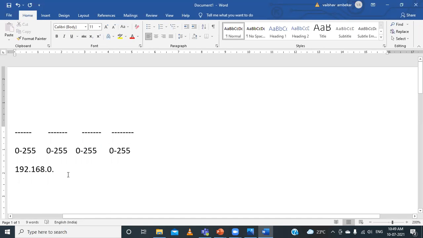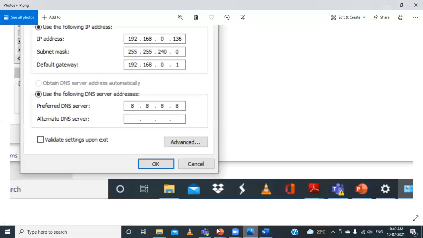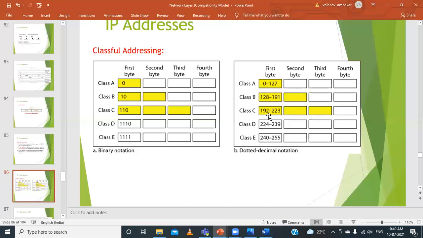So as you asked, why do we use class C? In class C, how many bytes define the network? The first three are fixed: first byte, second byte, and third byte. And we can have 255 or 256 combinations here.